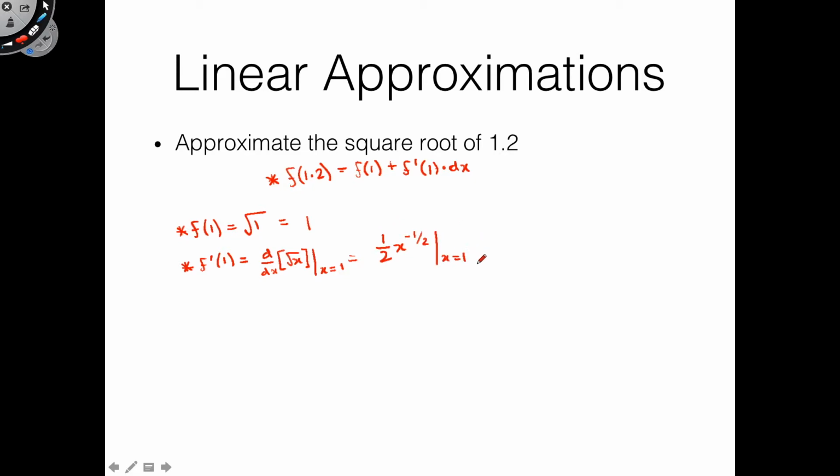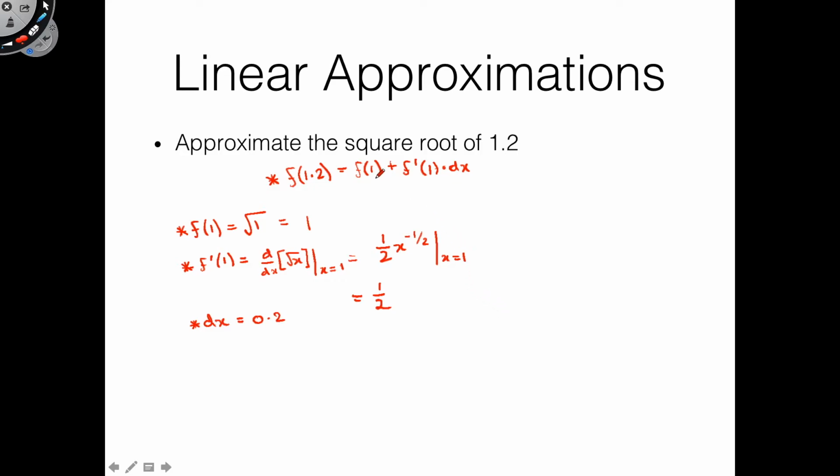And I know that I did that pretty quickly, but honestly that's one you should know by now, given the power rule and stuff like that. And this is just going to be 1/2. Now dx, that last thing, is simply the difference between x equals 1 and x equals 1.2, and for that reason it's just going to be 0.2, right? Now we have all the pieces we need.